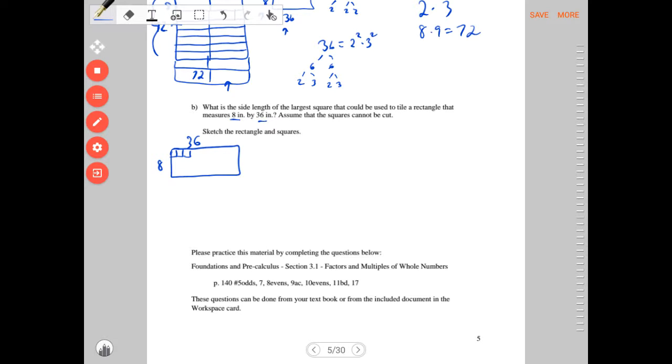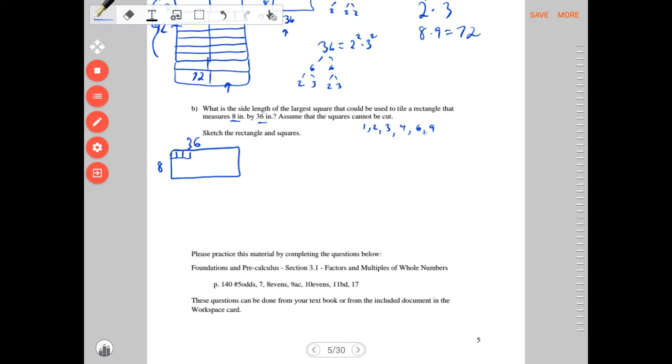8 divides by 1, 2, 4, and 8. 36 divides by 1, 2, 3, 4, yep, 4, not 5, 6 though, 6 squared. And then 4 times 9 was 36.